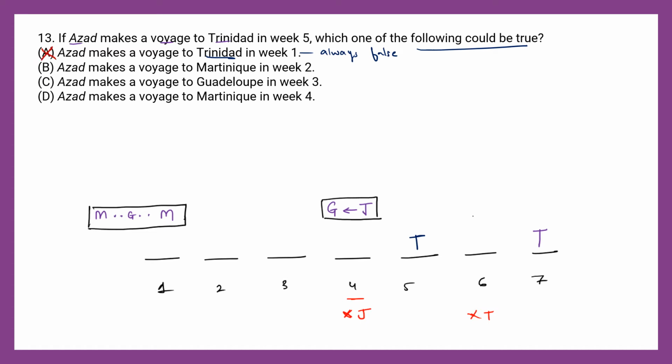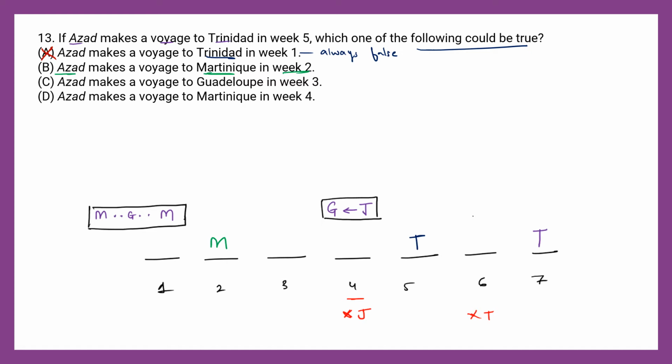Let's look at option B. Let's see if B is possible. B says that it makes a voyage to M in week 2, so let me put M here. Now I want to accommodate all of these rules. Where can I put the J and the G?